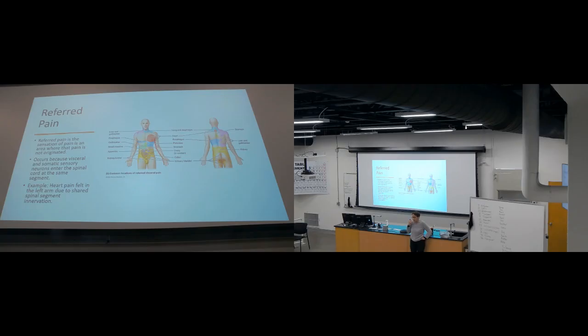And when they bring sensory information, for instance, about pain, that pain sensation can be interpreted as coming from a particular area, but in that case, that area is not affected. So this is what is called referred pain. So basically the sensation of pain in an area where that pain is not originated.